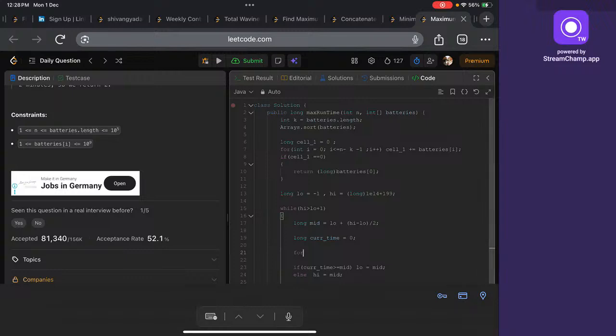We will run our algorithm from int i equal to n minus 1, while i is less than k, i plus plus.